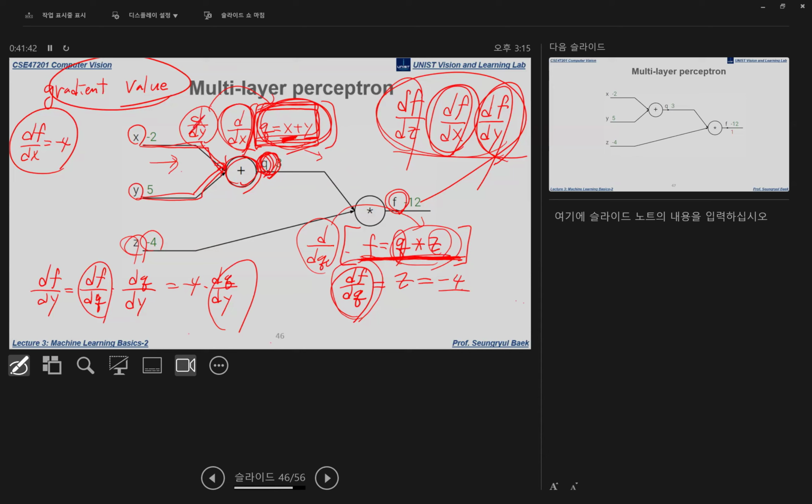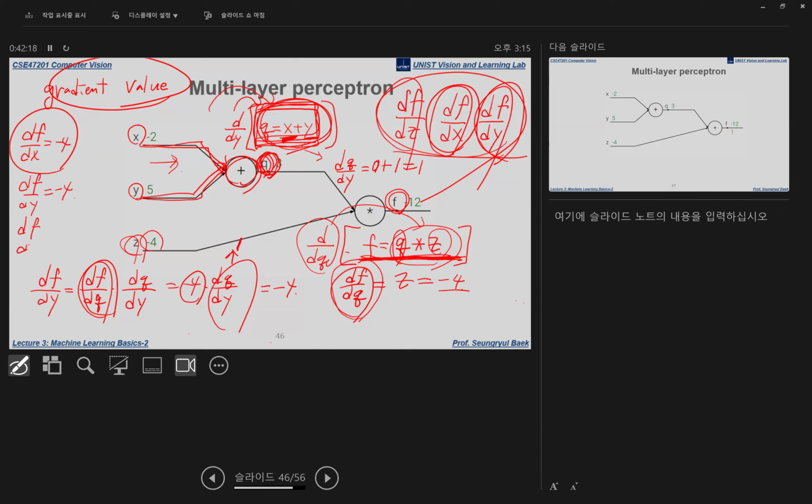If we apply d/dy to this formula, the left-hand side becomes dq/dy, but the right-hand side becomes 0 plus 1. It is again 1. So this is 1 again, and previously this part was minus 4. So we can see df/dy is also minus 4.